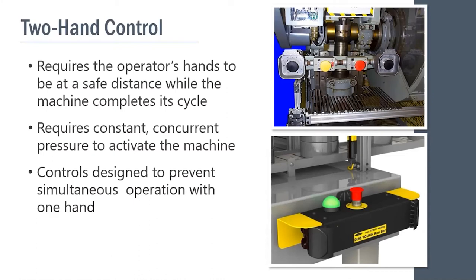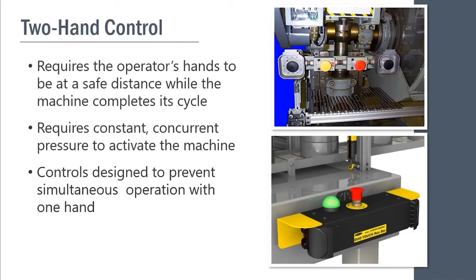You should be required to keep concurrent pressure on the buttons during that hazardous motion, typically a down cycle, a downstroke. Once the machine makes contact with the part, there's no pinch or crush hazard left, and you shouldn't necessarily need to maintain contact. But they do require concurrent hand contact with the buttons to initiate the cycle and contact through the hazardous motion.